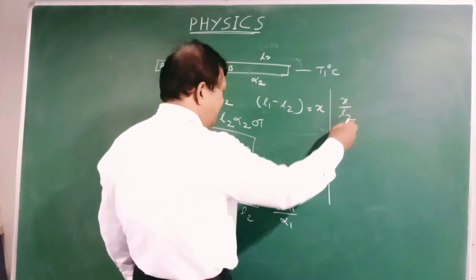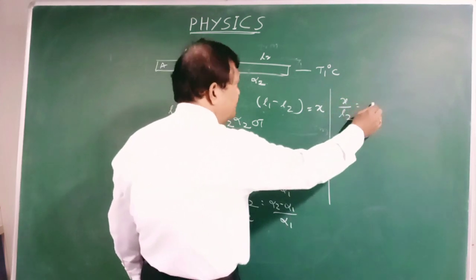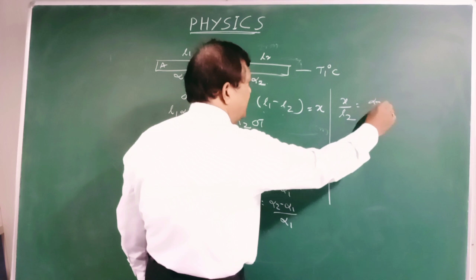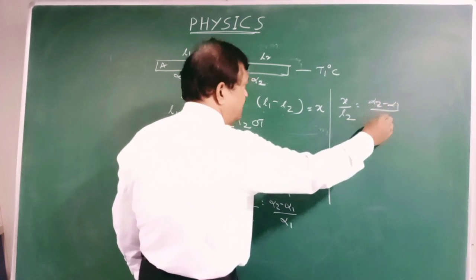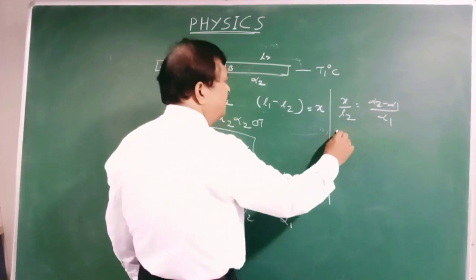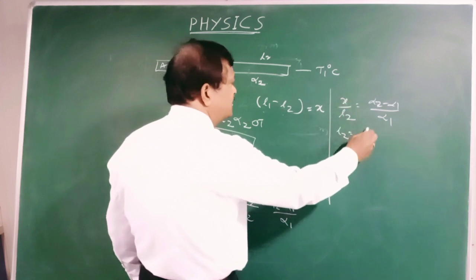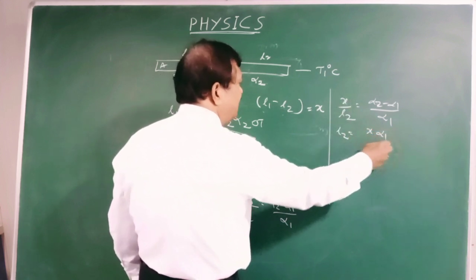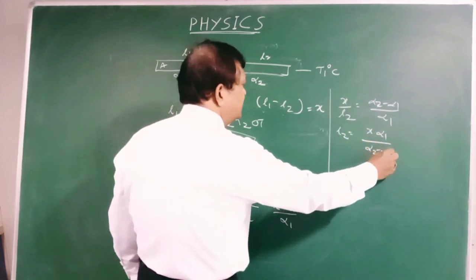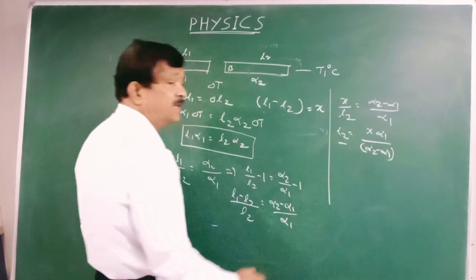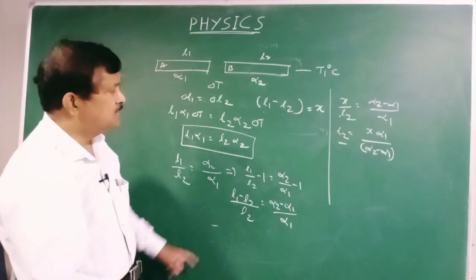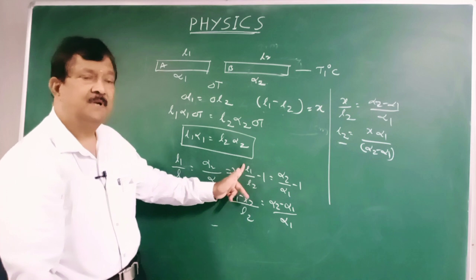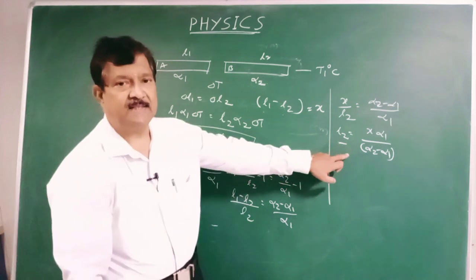So x by L2 will be equal to alpha 2 minus alpha 1 divided by alpha 1. Or if you want the value of L2, you can cross multiply: x of alpha 1 by alpha 2 minus alpha 1. You will get the length of the second rod, so that this condition is satisfied. So L2 you can get like this.